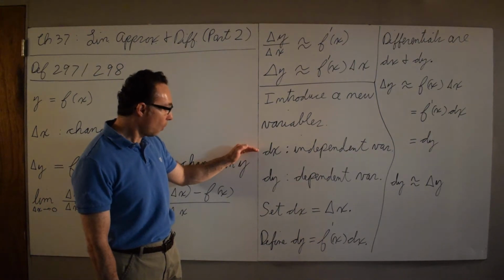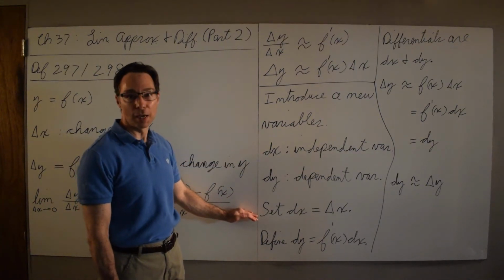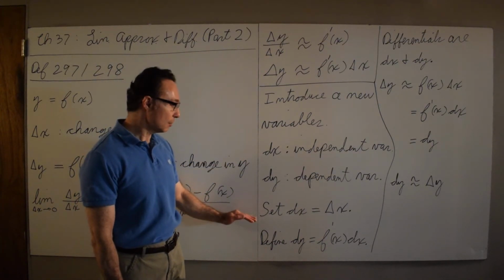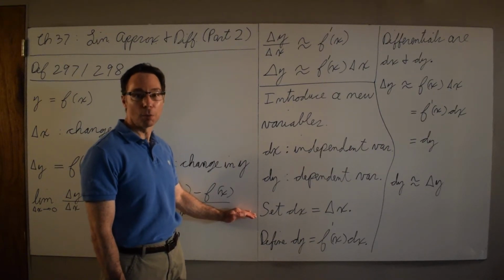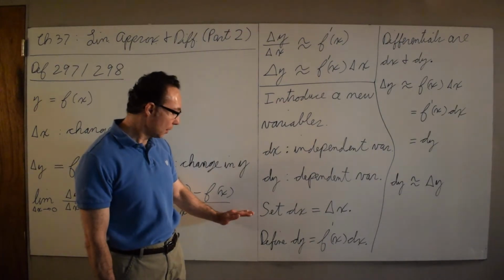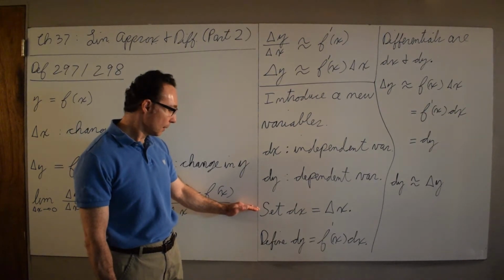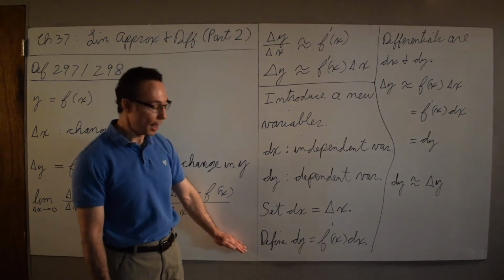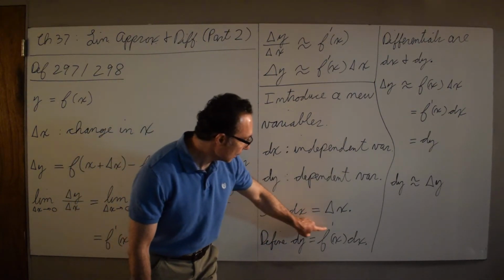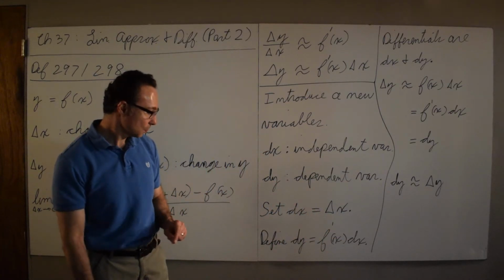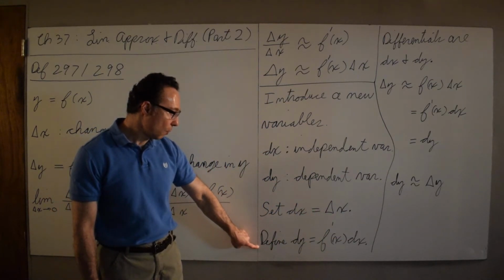So we're going to choose dx to be delta x. We can make it anything we want, and this is what we want. Then we define dy to be f prime of x times dx. This is how we define dy.